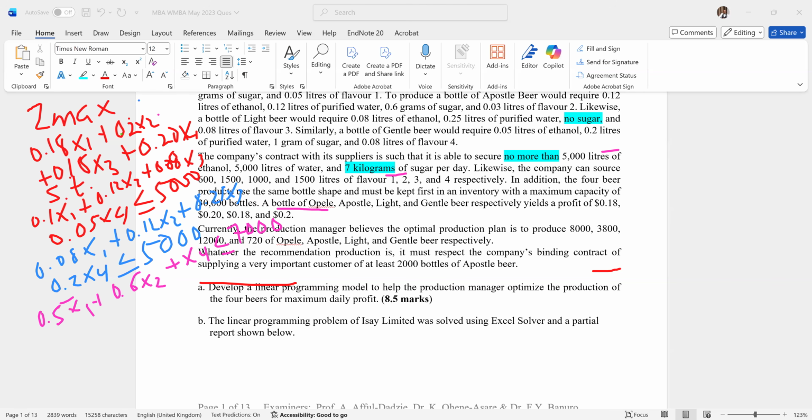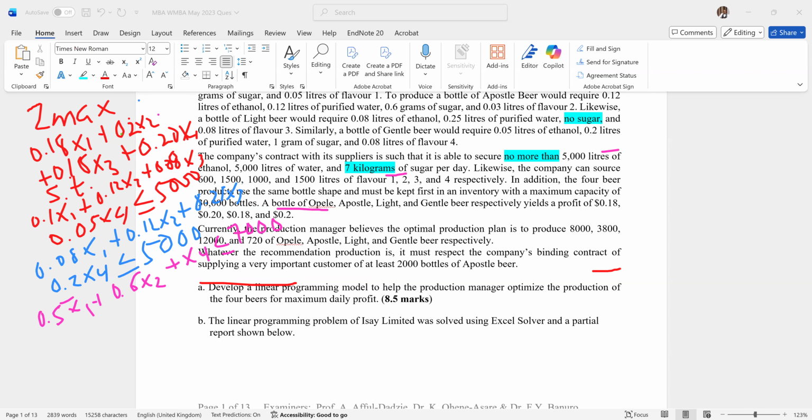Okay. So the next constraint, you can tell us and then how you formulate it. And be writing these things down. Let me go to Grace.